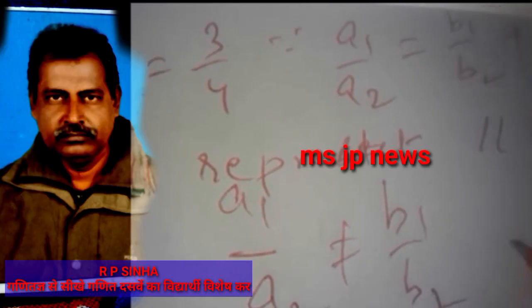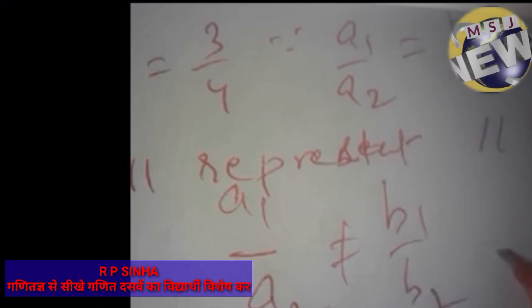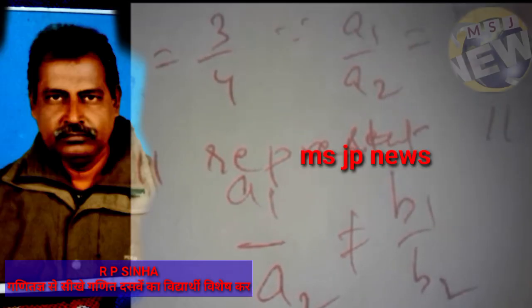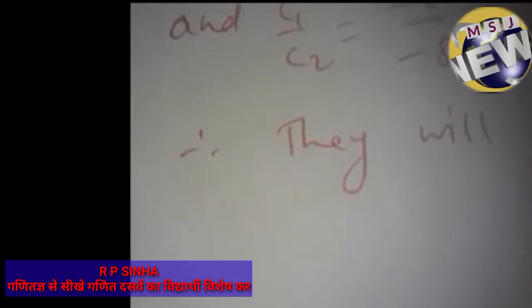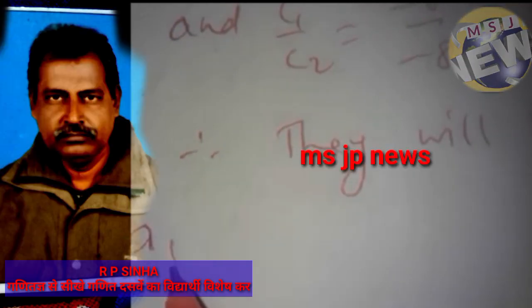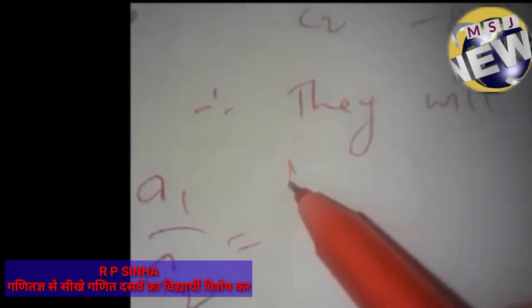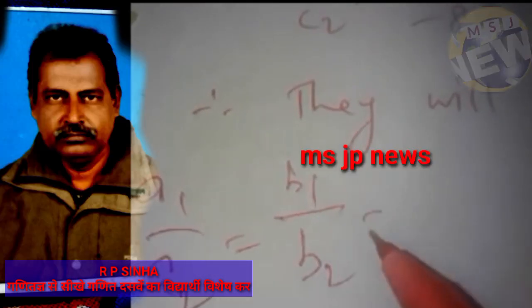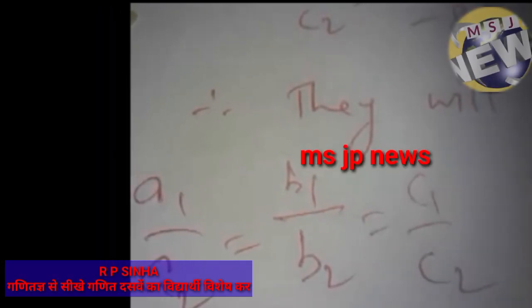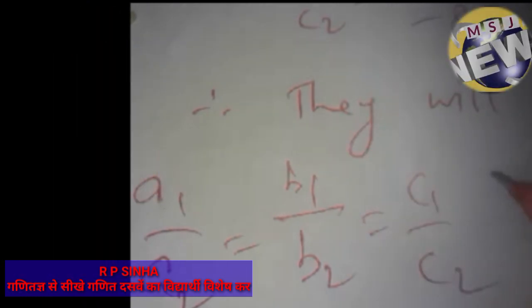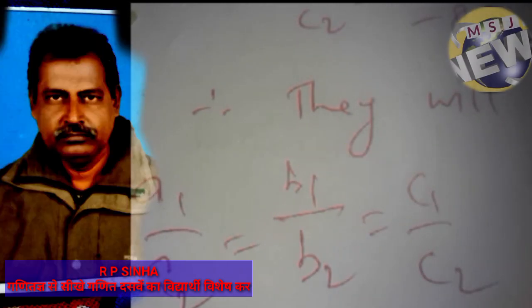A unique solution, and the graph lines will intersect each other. And if all the ratios are equal, that is, A1 by A2 is equal to B1 by B2 is equal to C1 by C2, then the graph lines will be coincident lines.